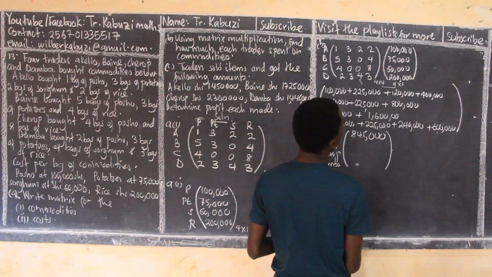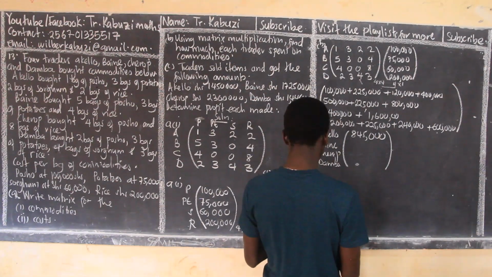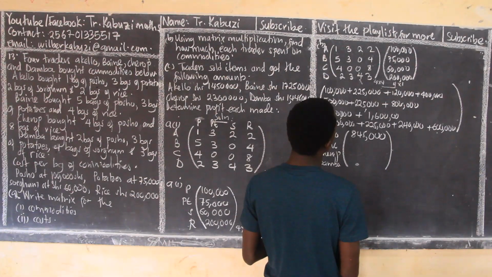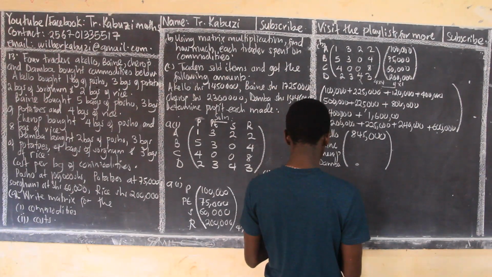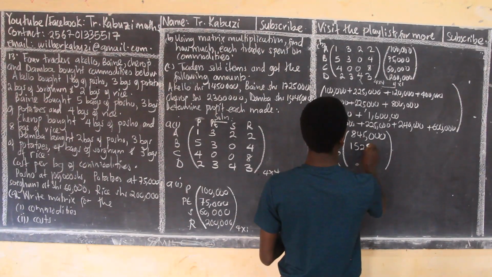This one for Baine is going to be 130 plus 1,525,000.